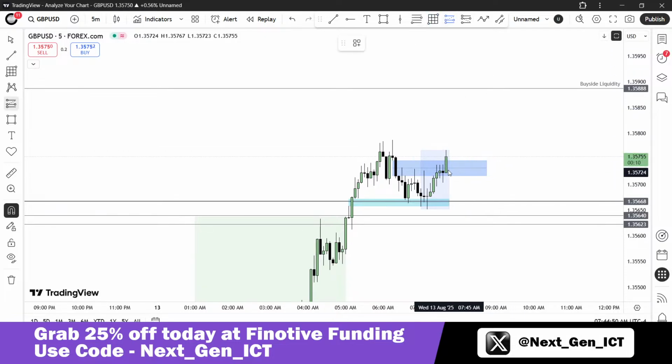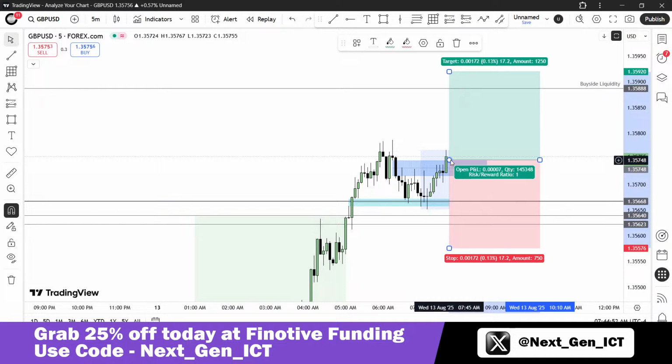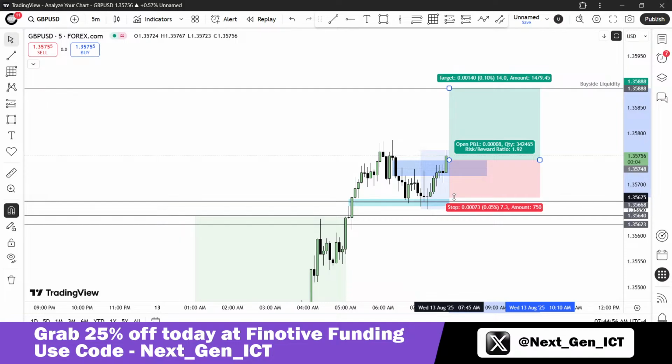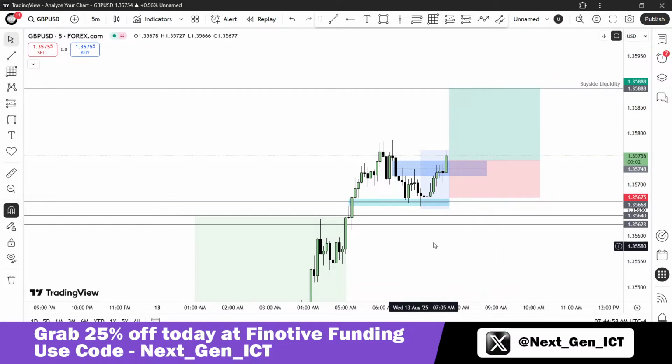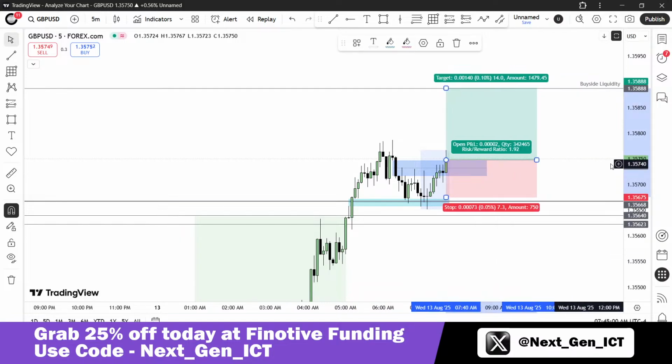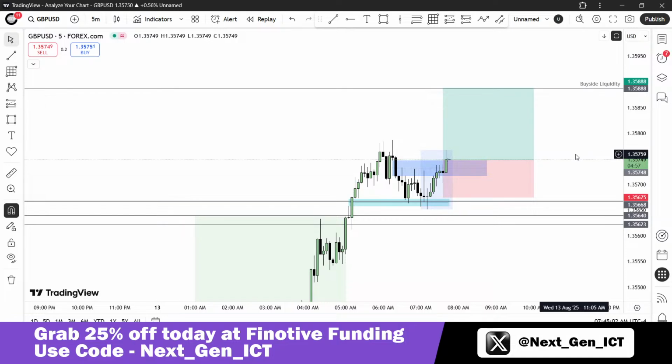Okay, this would be a nice setup if this candle closes out this fair value gap. First, look how price reacts off of this fair value gap.